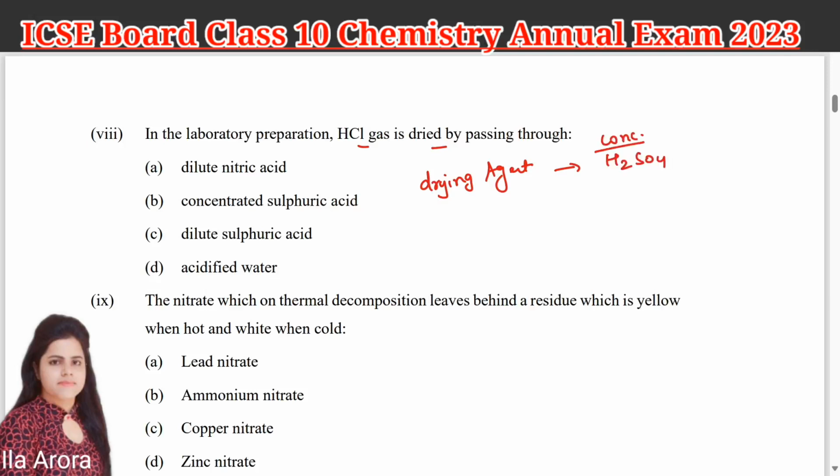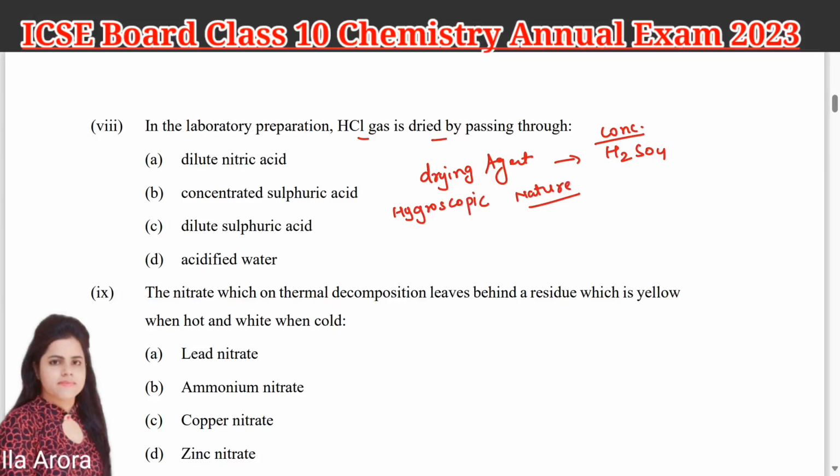Concentrated sulfuric acid acts as a drying agent due to its hygroscopic nature. It absorbs moisture, that is why concentrated sulfuric acid gives the drying properties.